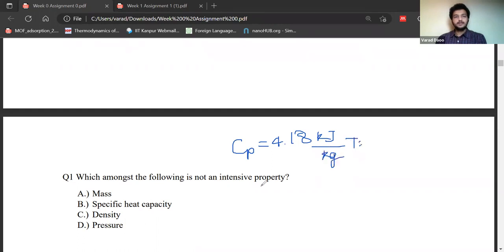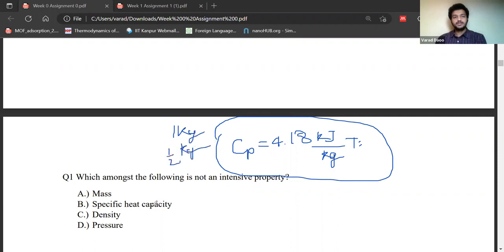This doesn't depend whether it's 1 kg of water or half kg of water or whatever amount. So this does not depend on mass. Similarly, the density of water, whether it's 1 kg or half kg, does not depend on mass.